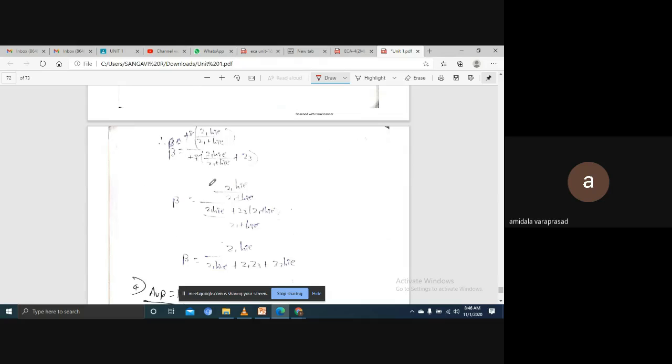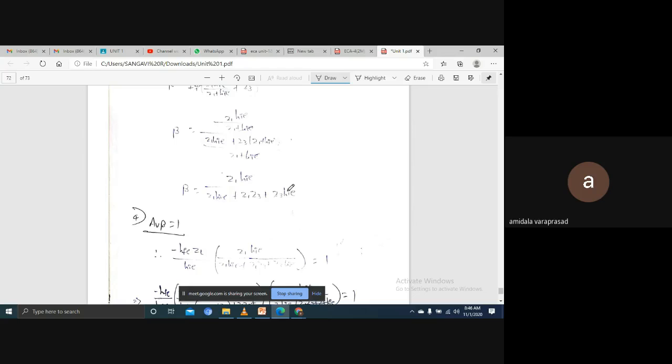Then beta is equal to VF by V naught. The minus signs cancel, and if you do some manipulations here, I can get this.